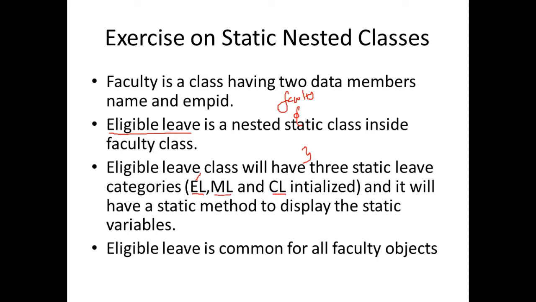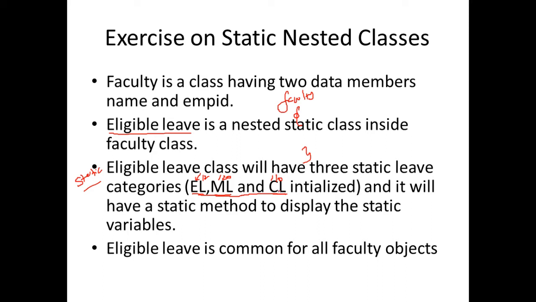For all the faculty members, encash leave will be 12 days, medical leave will be 20 days per year and CL will be 10 days per year. So EligibleLeave will be declared as a static class because this class and the data within it will be the same for all the faculty objects, and this class also has a method that will display all this information on the eligible EL, ML and CL for every faculty.